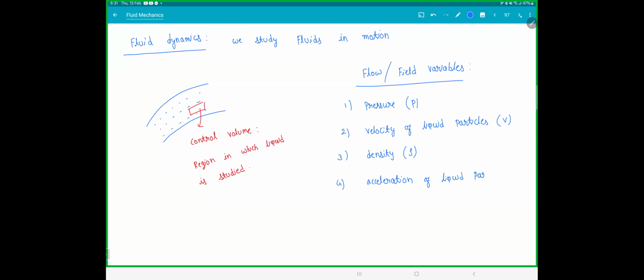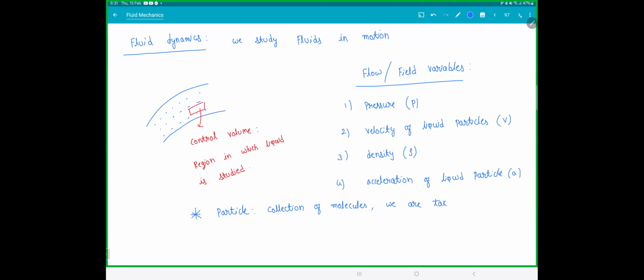So when you say this particle, exactly what do you mean by that? Are you talking about a molecule? No. When we say particle here, what it means is you take a small sample, a collection of molecules. So we are taking the average speed of all these molecules.